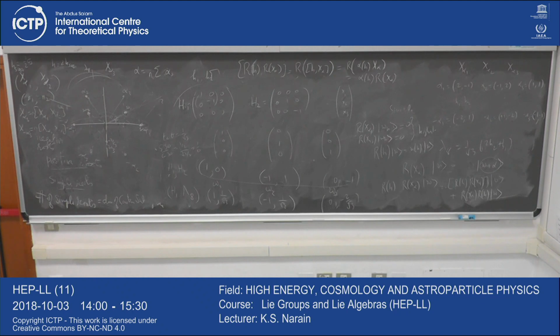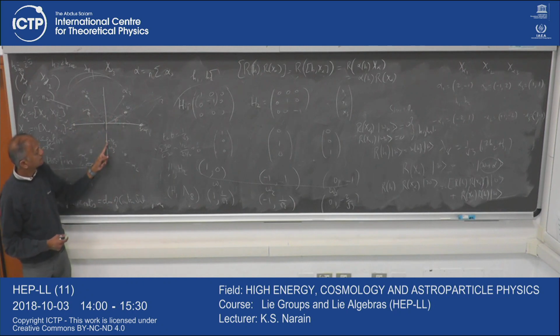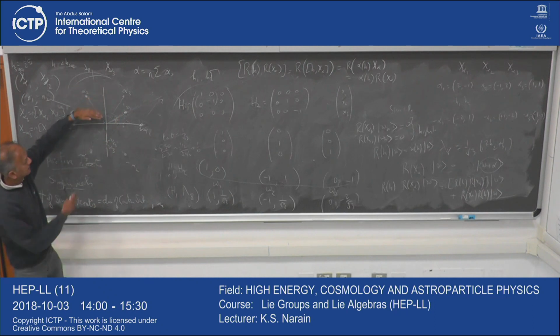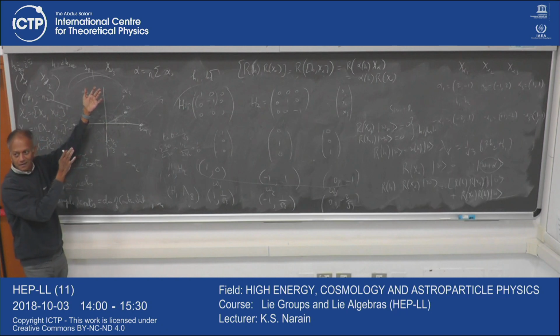Okay. So now going back to this, there's one crucial difference between this fundamental representation and the adjoint representation. In the adjoint representation, for any root, there was also a negative root, right? Here it is not the case. The negative of that would be out there, this triangle would get inverted, but you don't find that.